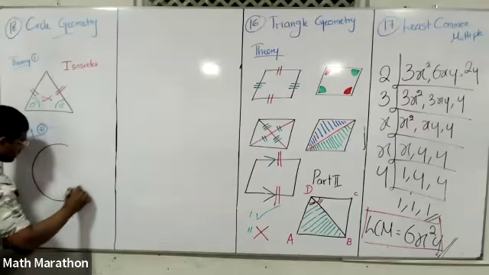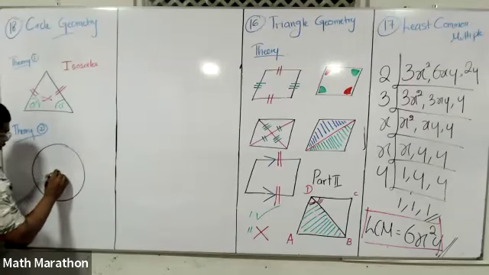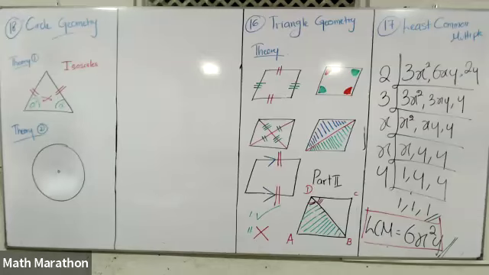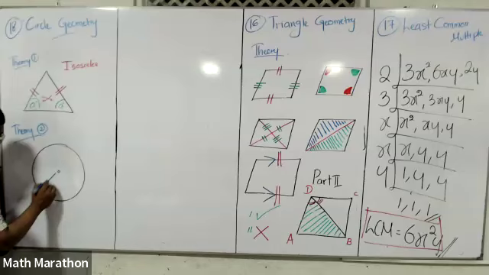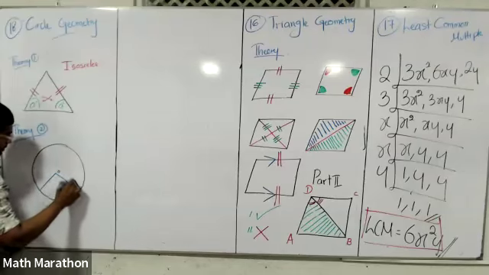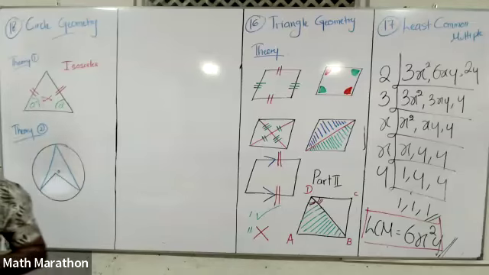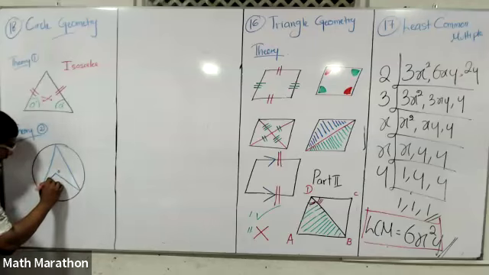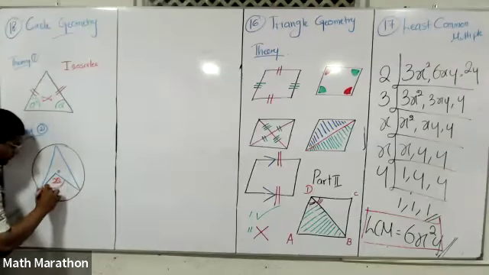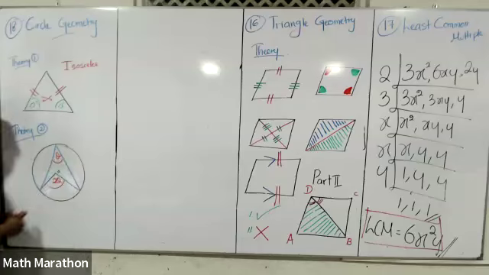When I have a circle with center O, if I have two radii and connect them to the other side, let this angle be 2 theta and this one theta.